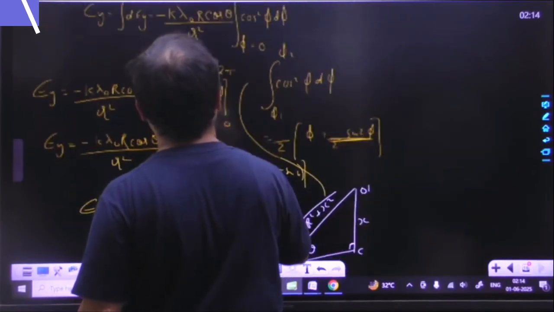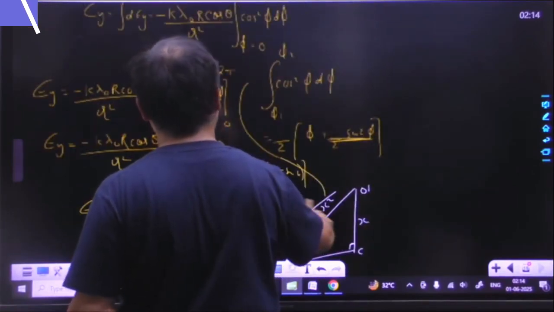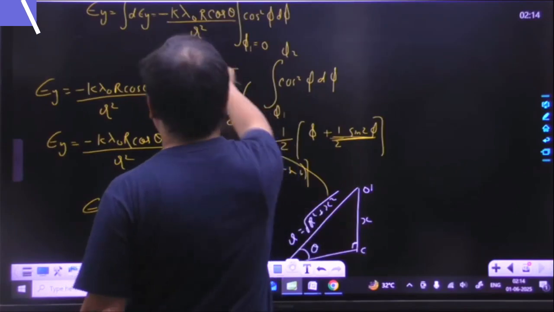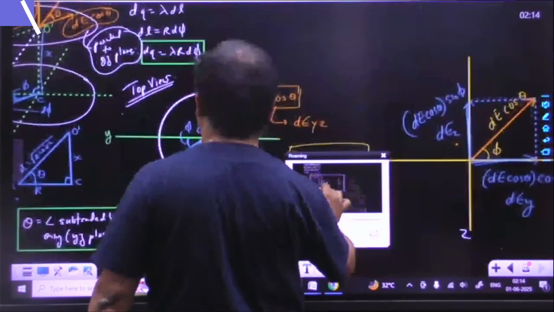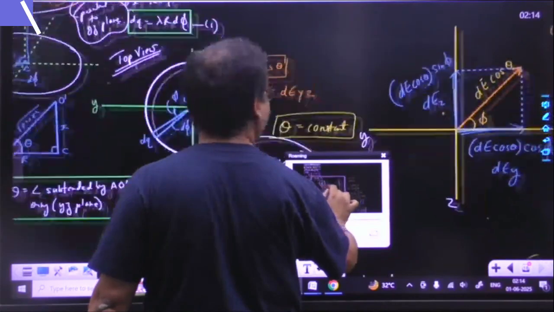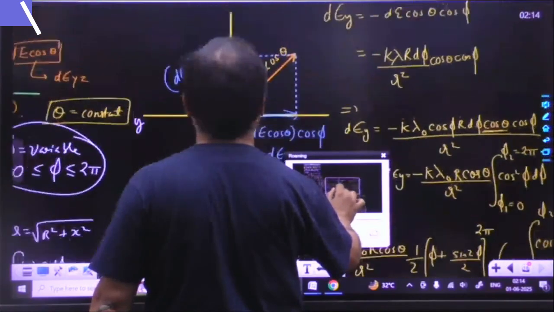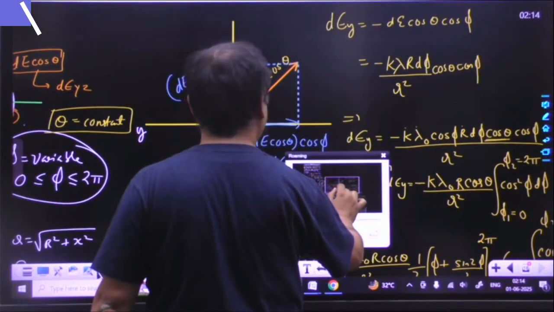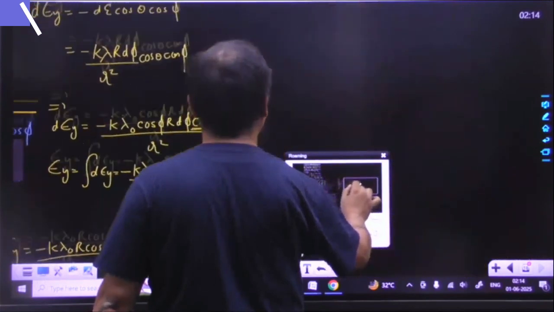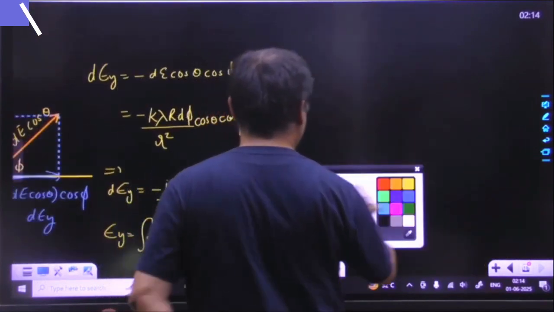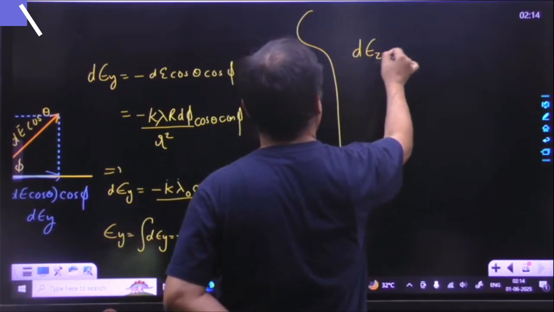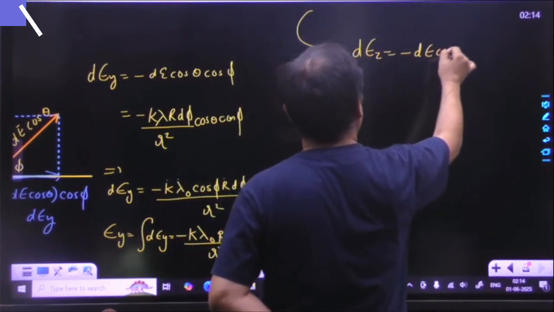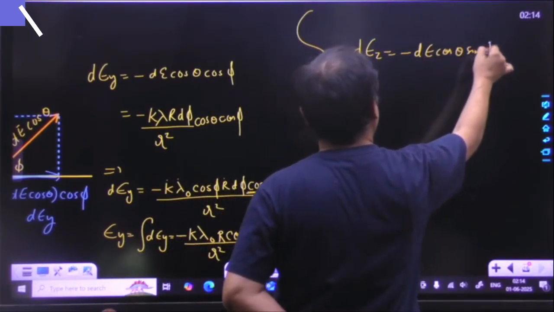Now what will be the z component? We got Ex coming to be 0, Ey is coming to be this. Now on the z axis, what are we getting? On the z axis, we are getting dE cos theta sin phi. So on the z axis, dEz, I'm getting minus dE cos theta sin phi.